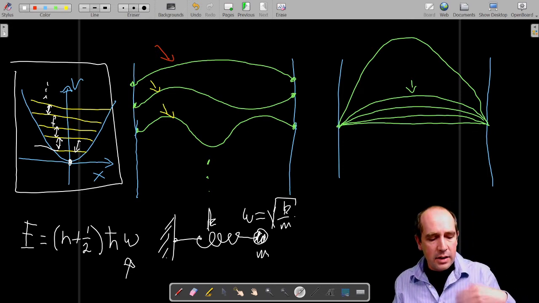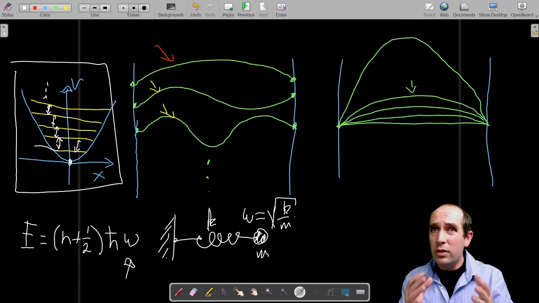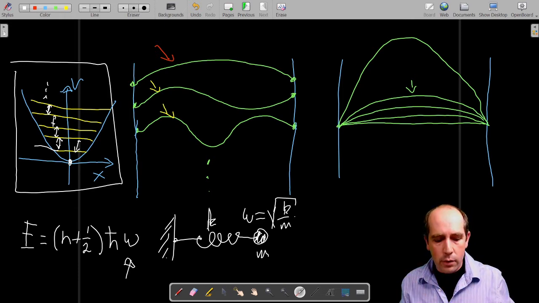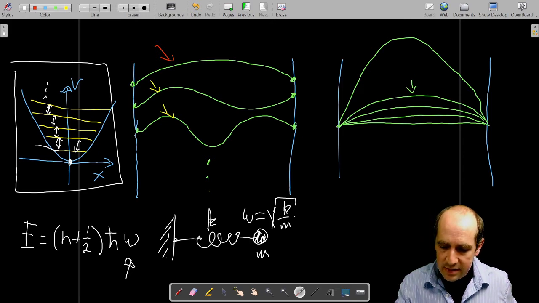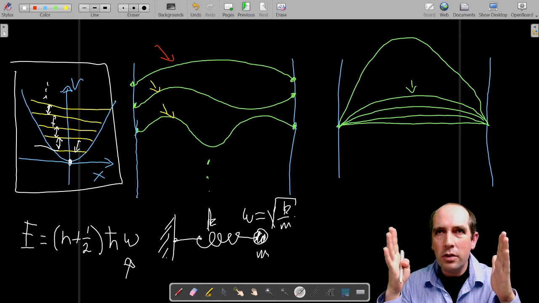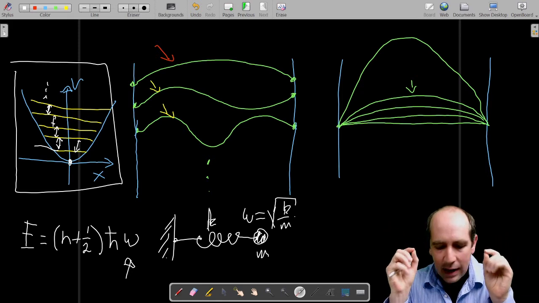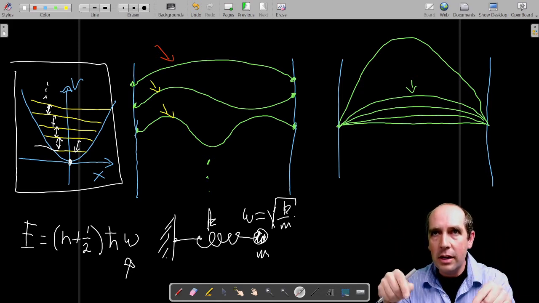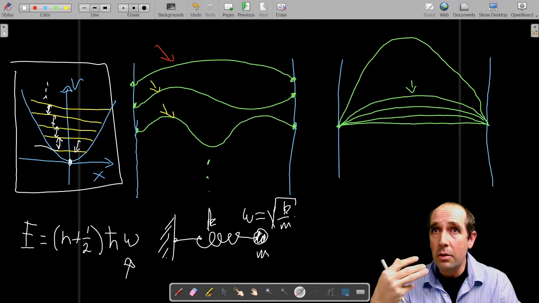And if we do the math, and again, I'm not going to do it for the electromagnetic case, this system, and by system I'm thinking not just of the cavity, but exactly just this particular electromagnetic mode in the cavity, is very similar to a harmonic oscillator.